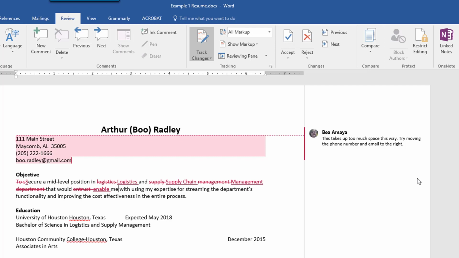And then "with using my expertise," I don't think so. Just "to use my expertise for," and I think he meant streamlining the department's function. Okay, we don't need that. How about just streamlining the department and improving cost effectiveness in the process.